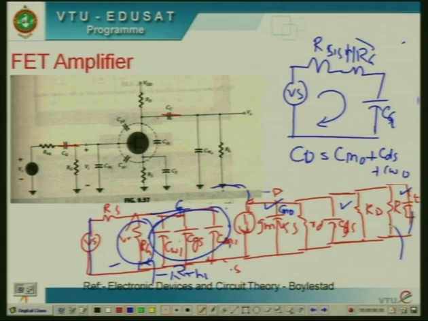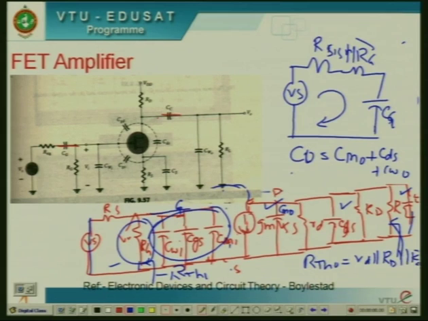When you are looking into this circuit, this is a parallel combination of this, then you are going to get RTHO, because you have to find an open circuited resistance. Therefore, you are going to get this RD in parallel with RL.